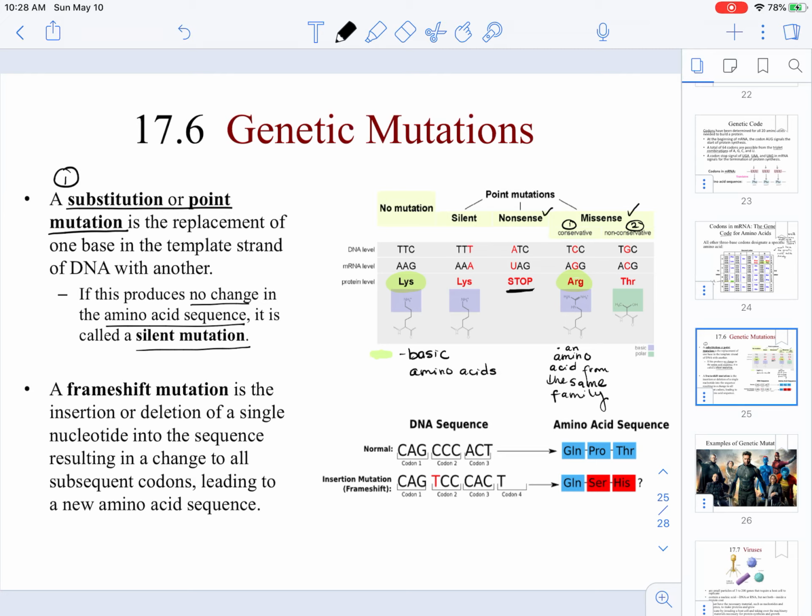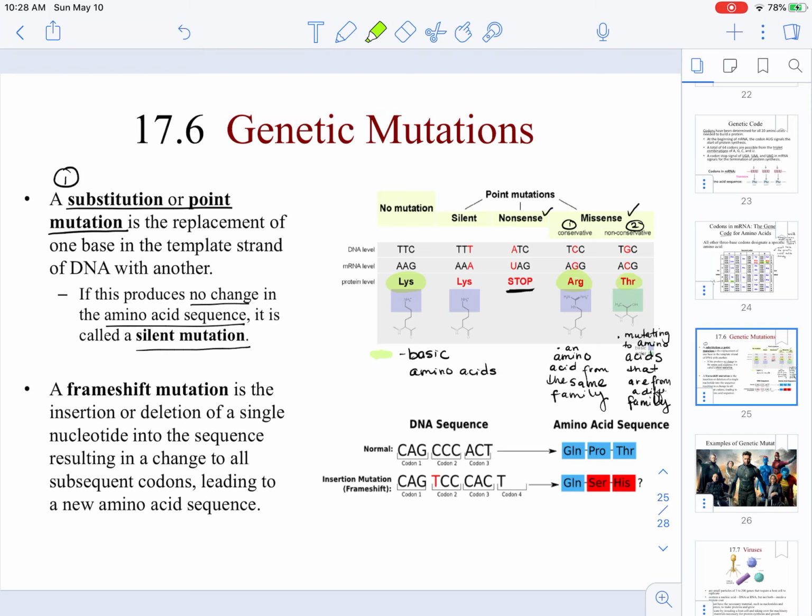If we have a non-conservative missense mutation, we're going to be mutating to an amino acid that is from a different family. As you can see, if the non-mutated DNA encodes for lysine, in a non-conservative missense mutation we now have the synthesis of tyrosine.